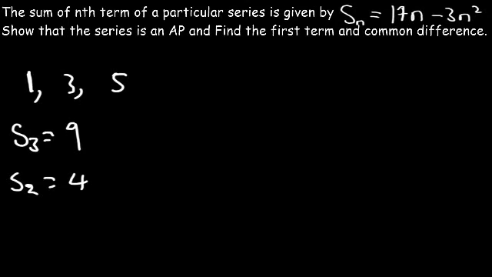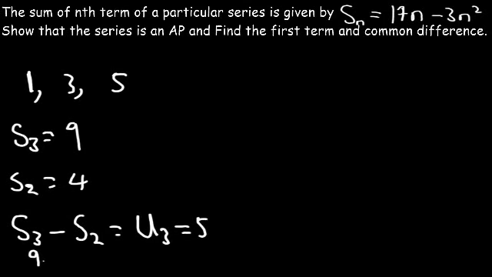Perfect. Now, what have we observed? Just notice that the difference between S sub 3 and S sub 2 turns out to give U sub 3, which is 5. So that's 9 minus 4, which is indeed equal to 5.